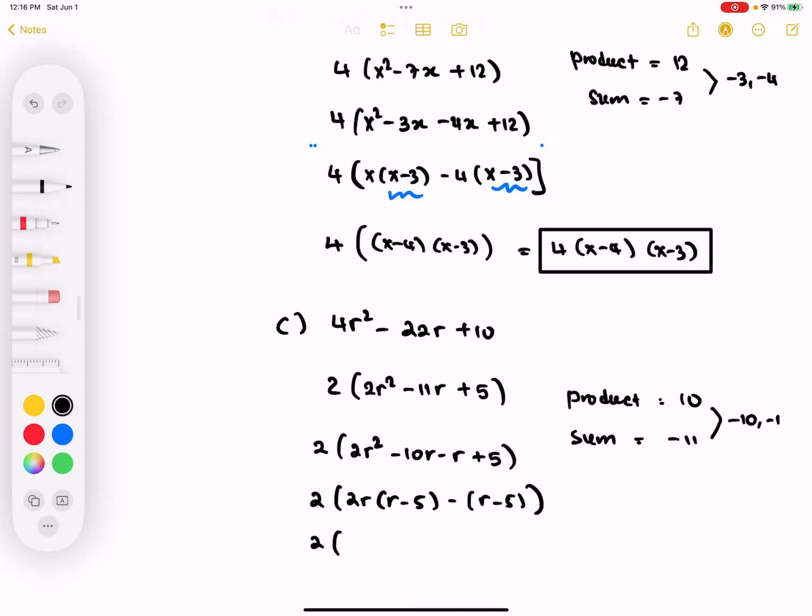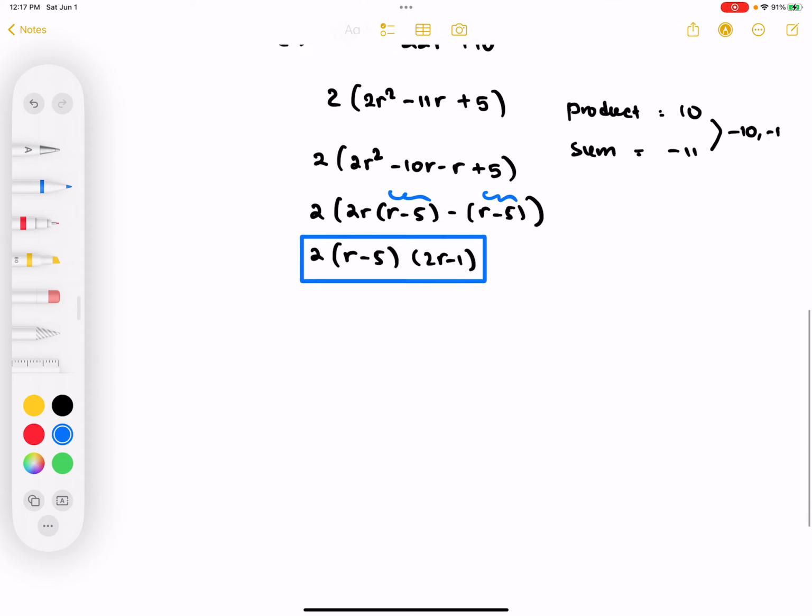Now do you see r minus 5, r minus 5? Again, it is a common factor. So I can write r minus 5 times 2r minus 1. So this is the factorization of the polynomial given by 4r squared minus 22r plus 10.